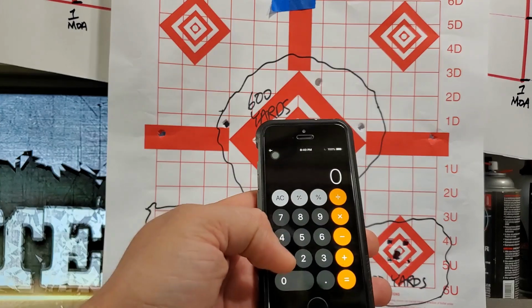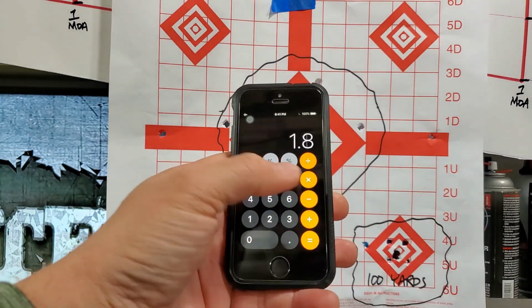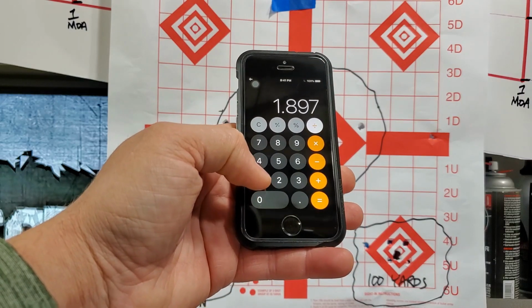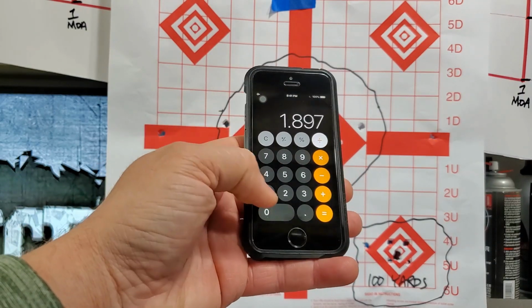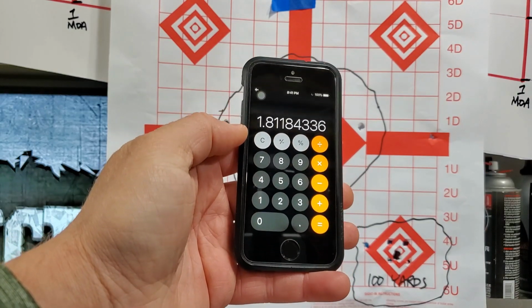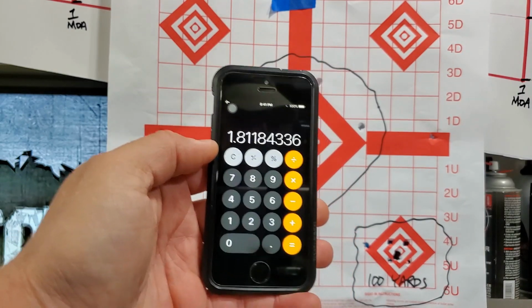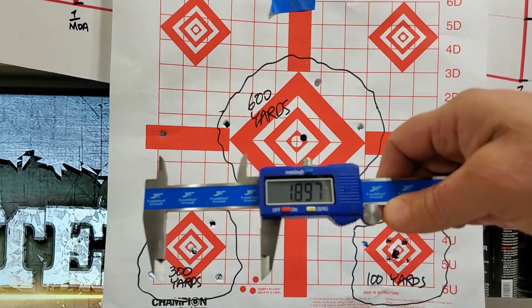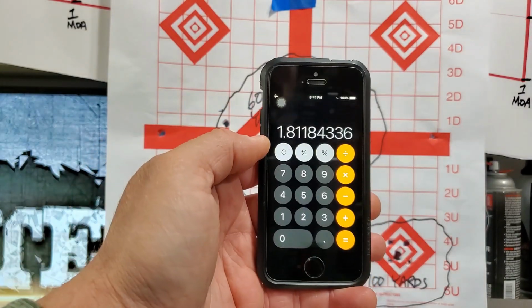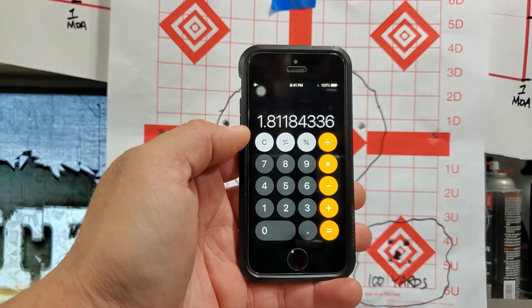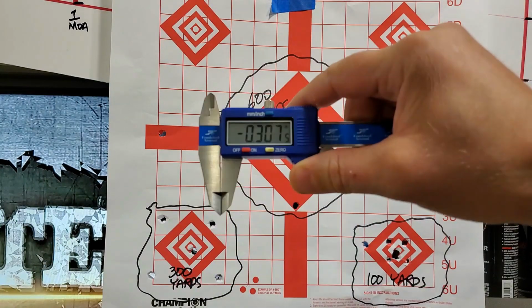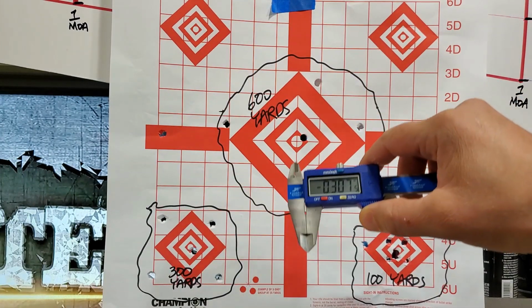So we're going to take 1.897 and we're going to divide that by 1 minute of angle, the true minute of angle, not 1, but 1.047. So that group size is actually not 1.897 in inches. The actual true minute of angle size of that group is 1.811.